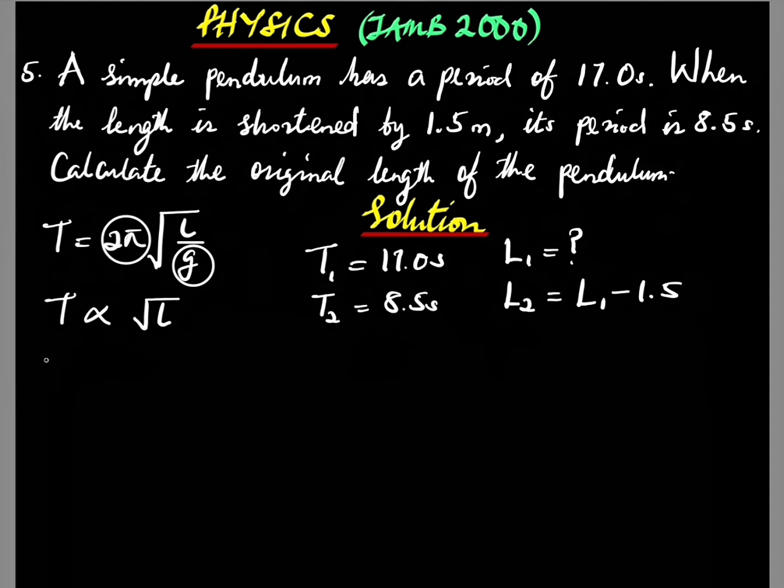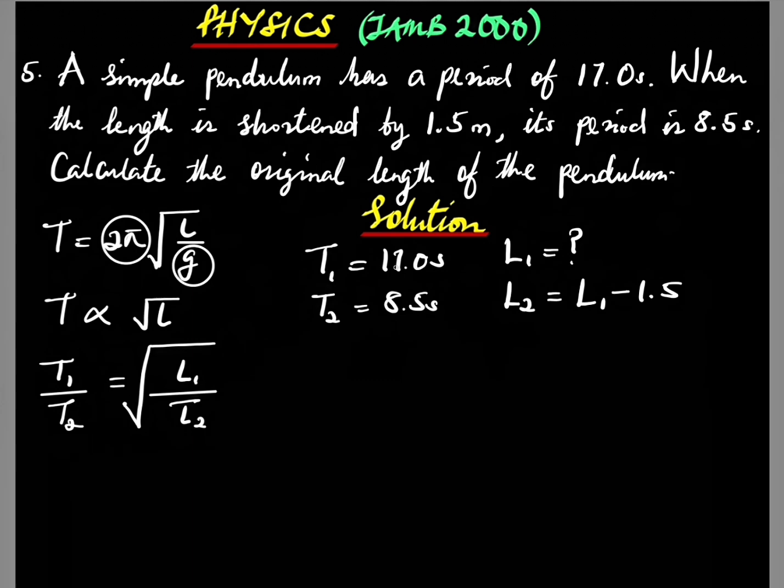So we can have T sub 1 all over T sub 2 equal to square root of L sub 1 all over square root of L sub 2. Since we have square root on the numerator and denominator, we can make it a big square root to cover everything.